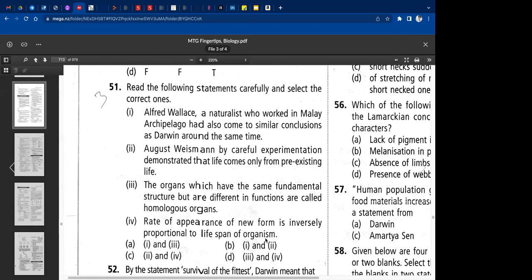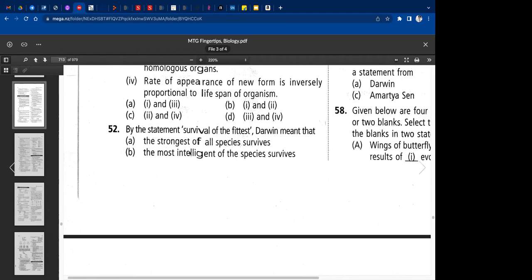It does not mean that those who have a longer lifespan will not evolve, or that new forms will come up very fast. It's not like that. So is that clear, everyone? Good, all of you got it right.